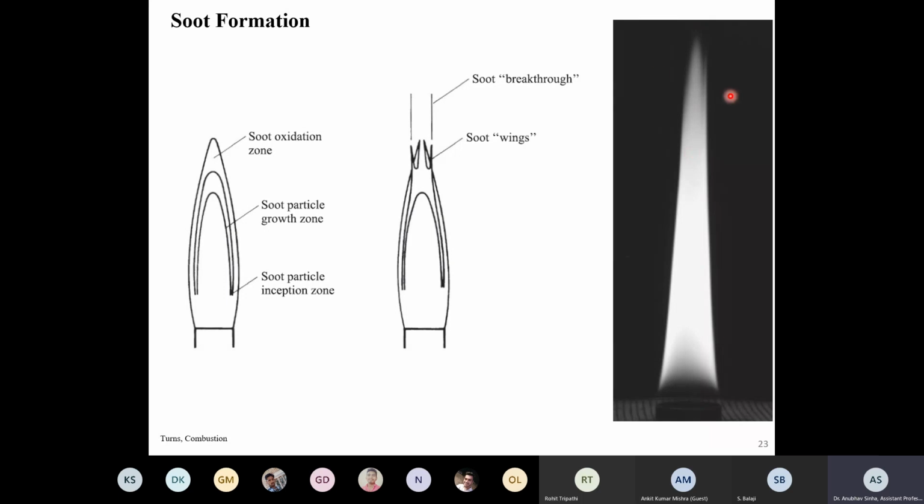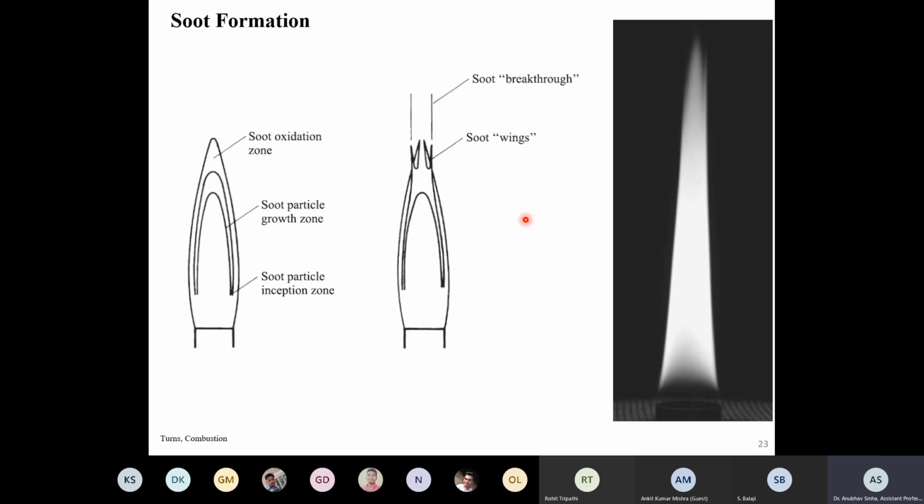So this is a flame, and this is what we call soot wings. Basically the soot is produced and this is getting leaked. So for example, have you used a candle or kerosene lamp? Anyone used one in your home? These days we don't use them much, but earlier it was quite common.